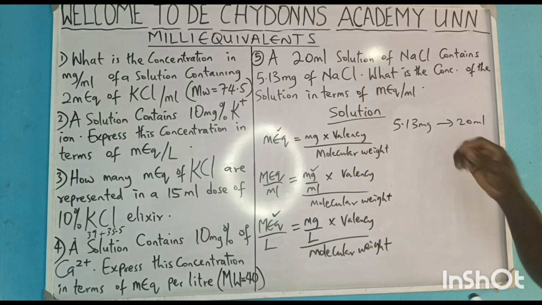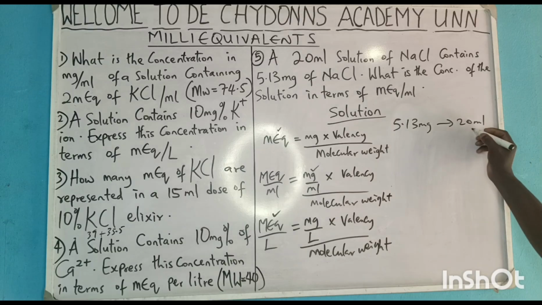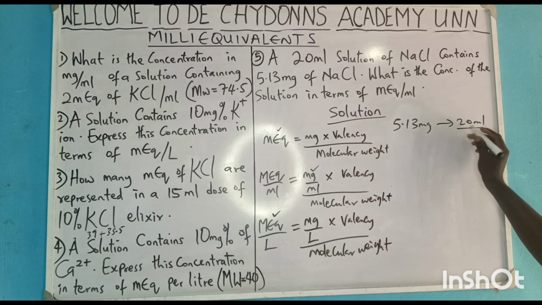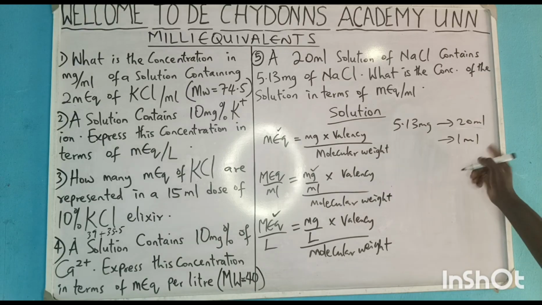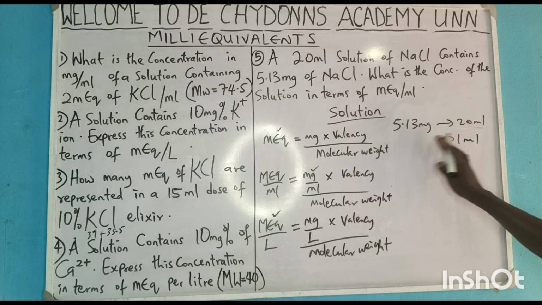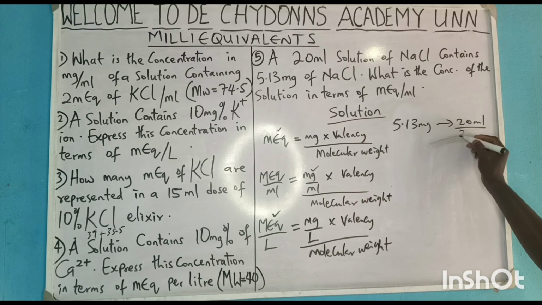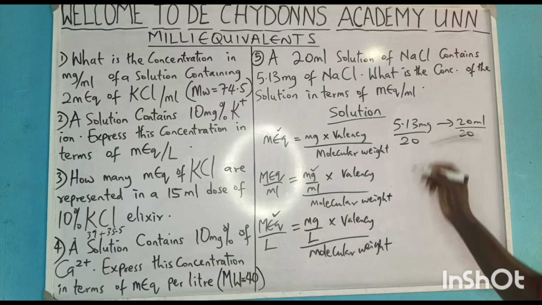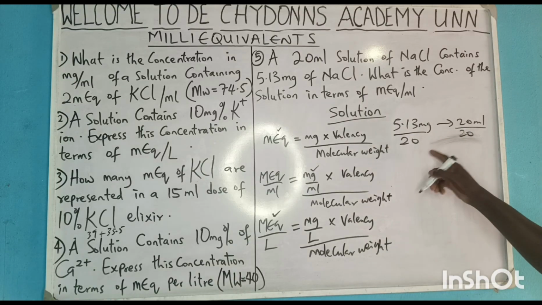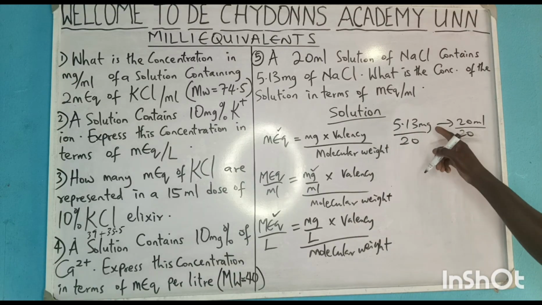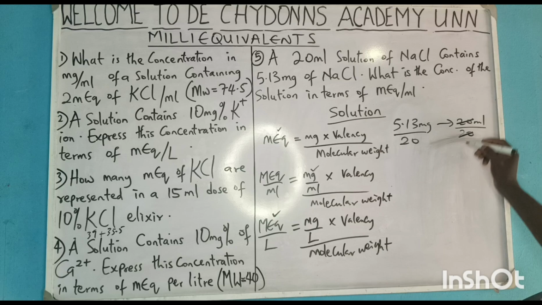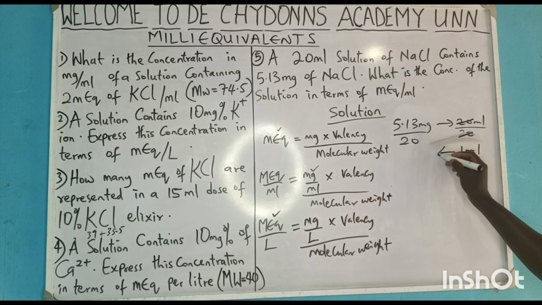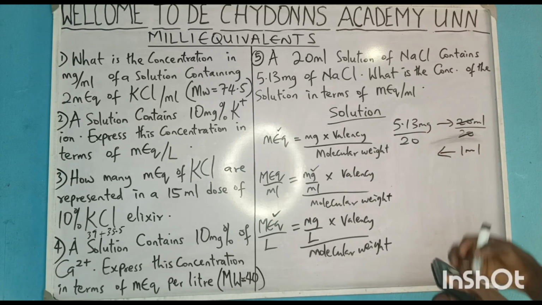Okay. Now see what you do here. In 1 ml, what will it give you? Divide here by 20. You are dividing this by 20 so that you get it in milligram per ml, so that when you divide this and this, you have 1 ml, and when you divide this and this, you have it in milligram.